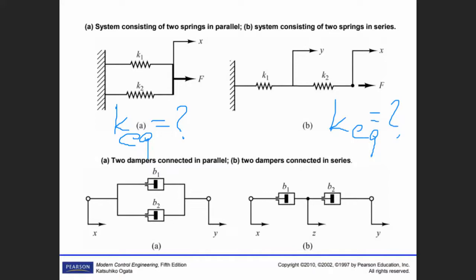For this one it is of course B equivalent. Both of them are required, so we have to look at those. In order to do that, I'm going to open up a piece of white paper and derive those equations for you. It's going to be difficult for me. I'm going to test whether I could continue in this manner or not. Okay, so I open a white paper now.